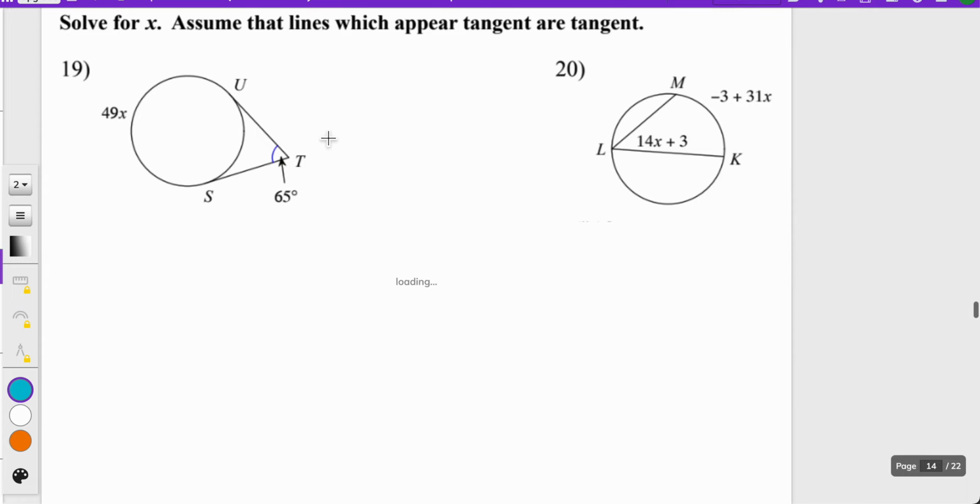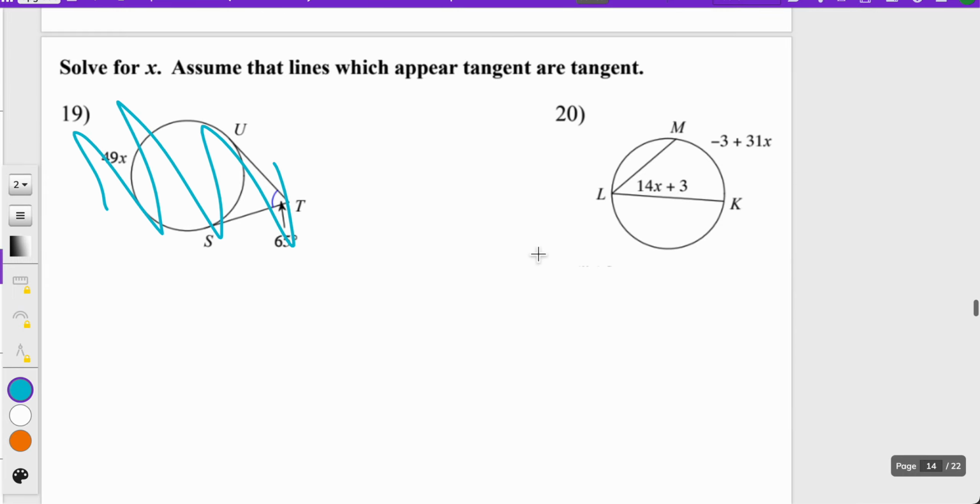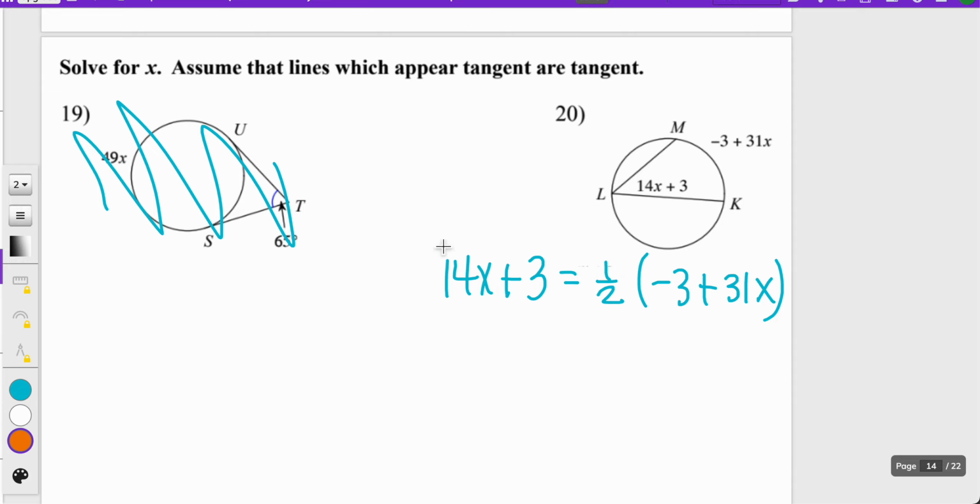Okay? For number 20, this one can be solved by saying 14x plus 3 is equal to 1/2 of your intercepted arc, so -3 plus 31x. I'm going to start off by multiplying both sides by 2 to get rid of that 1/2.